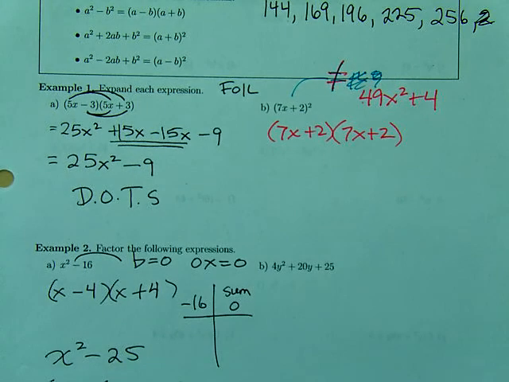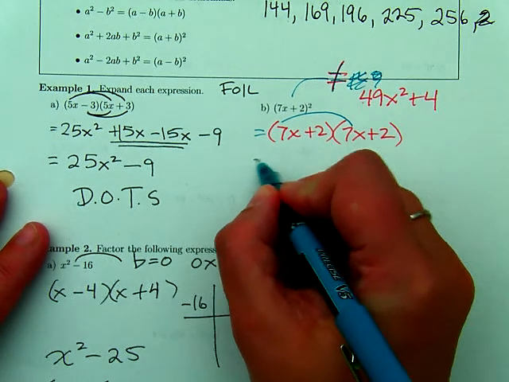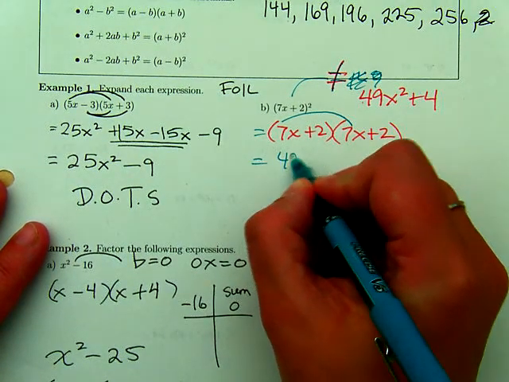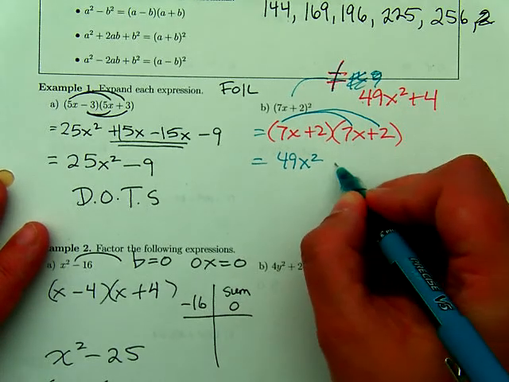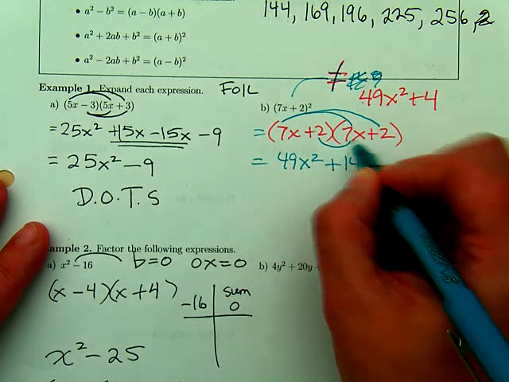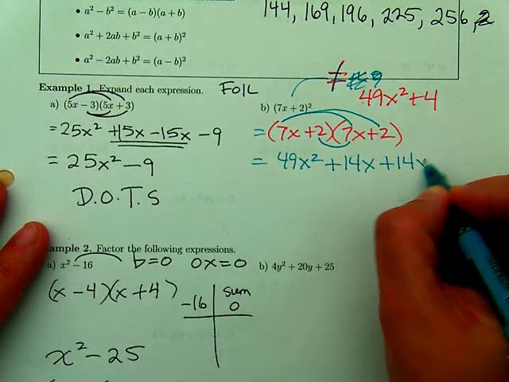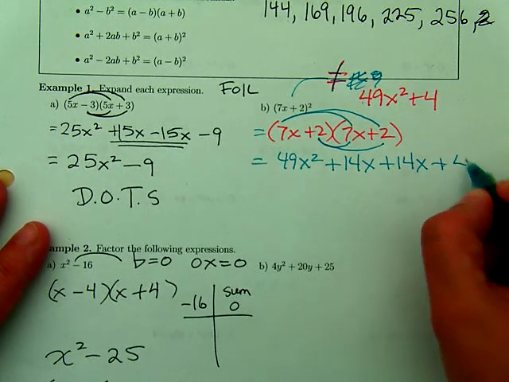And when you multiply a binomial times itself, you always have to FOIL. Okay, let's FOIL this. What's that going to be? 49x squared outside, 14x, good, inside, 14x, last, plus 4, okay?